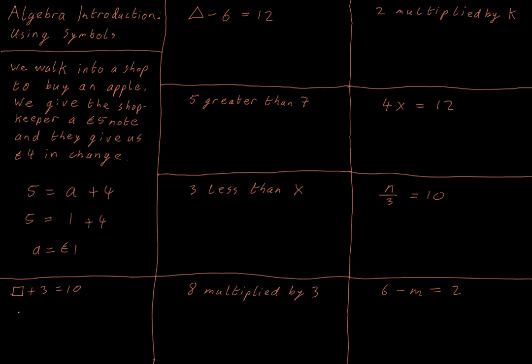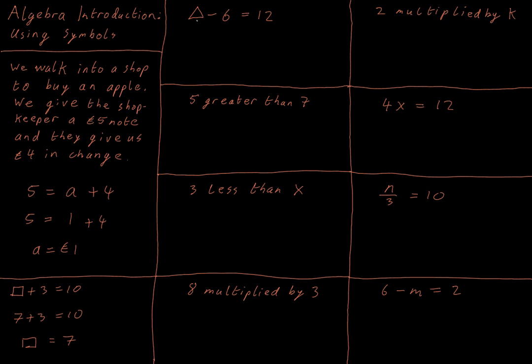But for right now, we want to understand that our symbol can stand in for a number. And in this case, we can see that the number has to be 7. 7 plus 3 would be equal to 10. So logically, the square must be standing in for the number 7. That's the only thing it could be. There's no other number the square could be that would mean that the number plus 3 would give me 10. So the square must be 7.